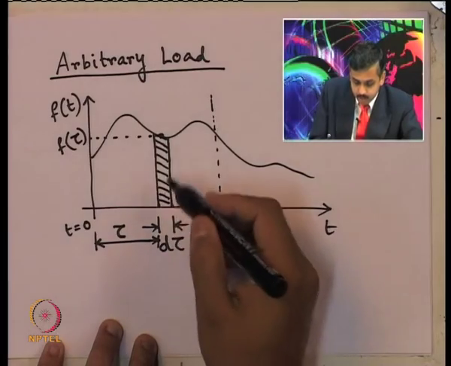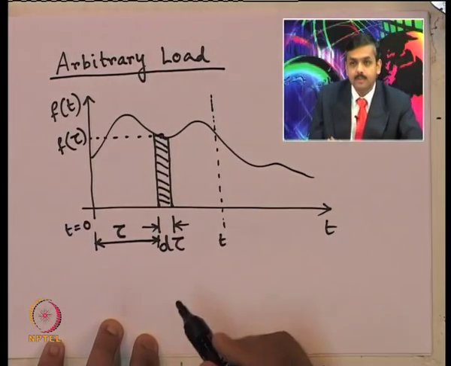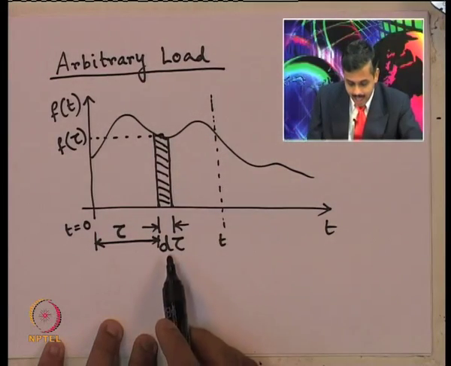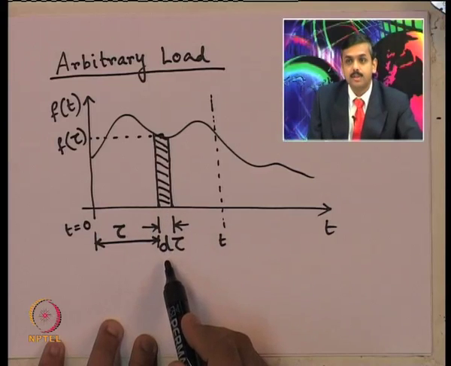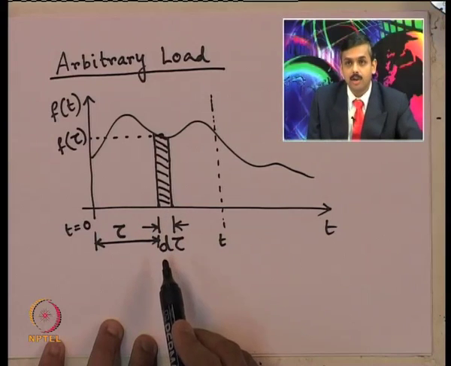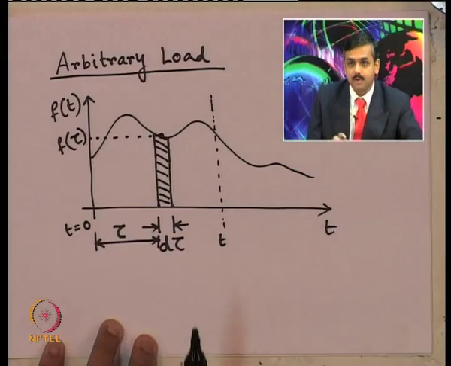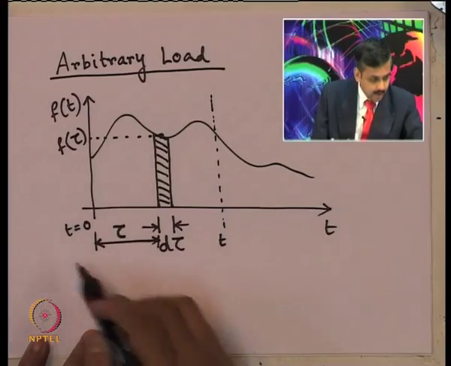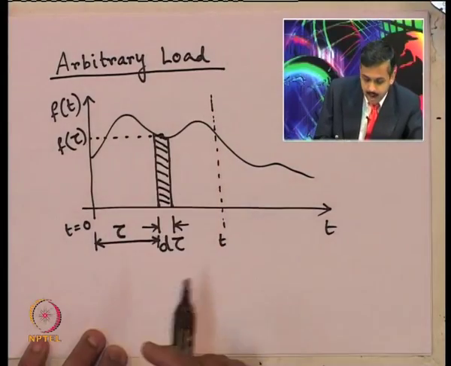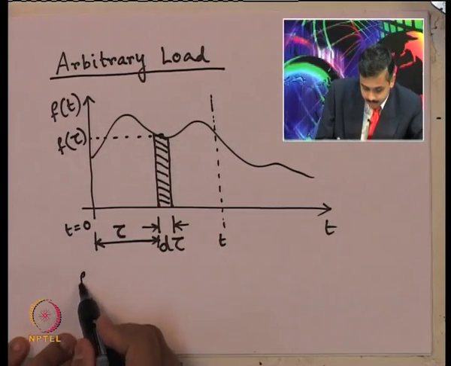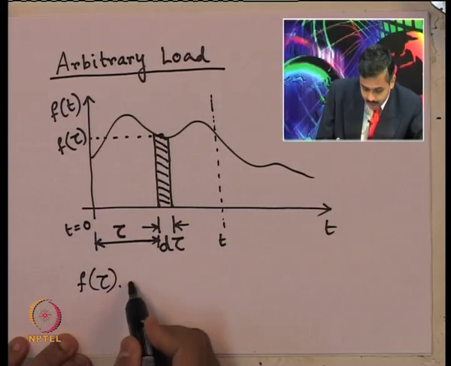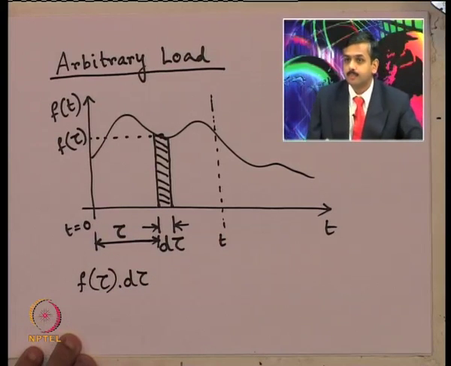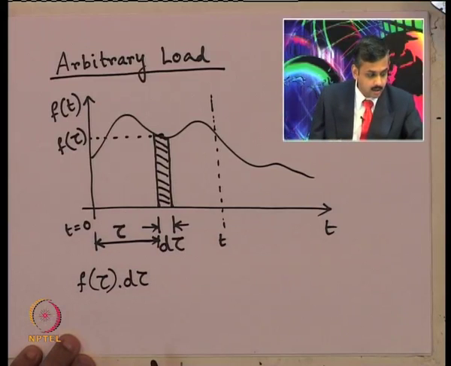The magnitude of f of t at the center point of this infinitesimally small time is f of tau, let us say. So, what we can say, the area under the curve is how much? F of tau times d tau, that is the area under the curve.